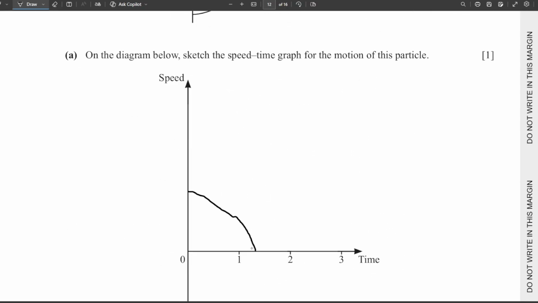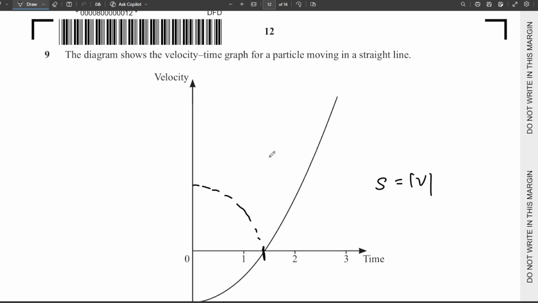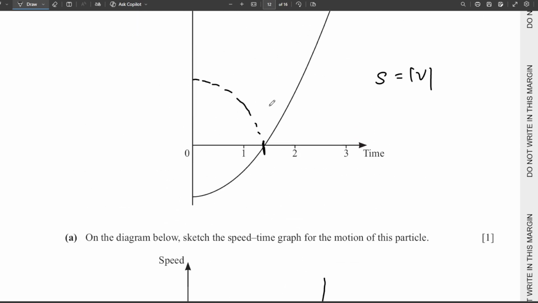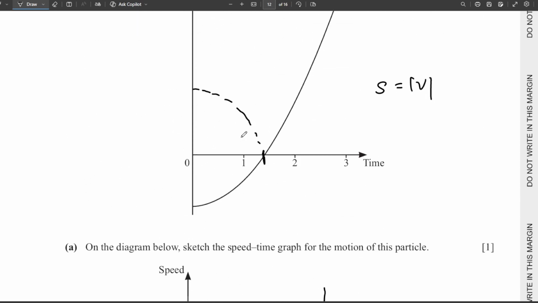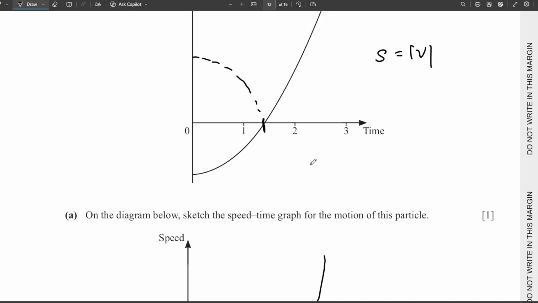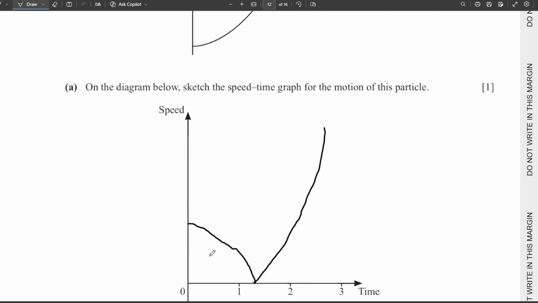So it's not a straight line. We try and preserve the shape as much as possible, so it curves upward. So there's just a sketch, to show that you understand that you need to reflect this and don't lose too much of the shape.